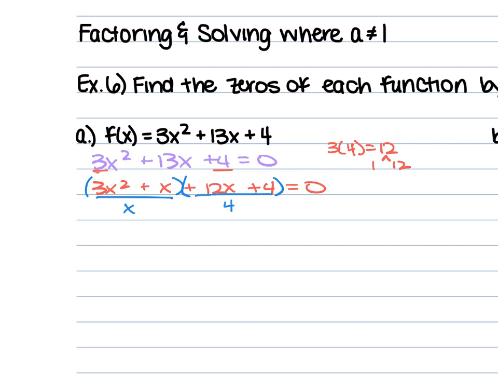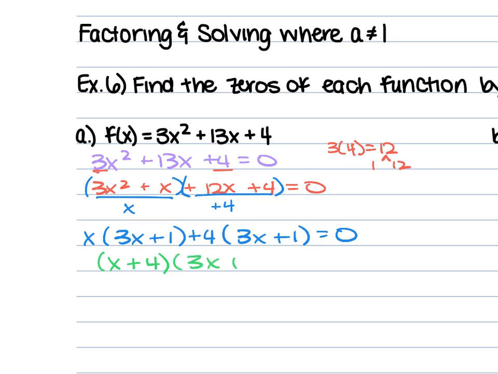You're factoring out a 4 from the second. So this is going to be x times 3x plus 1 plus 4 times 3x plus 1 is equal to 0. Your two parentheses are the same, so we are going to rewrite this as x plus 4 times 3x plus 1 is equal to 0.